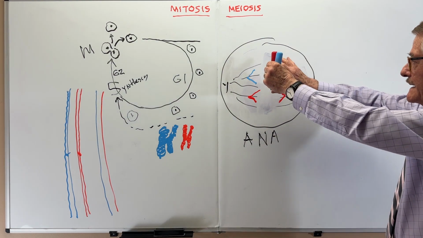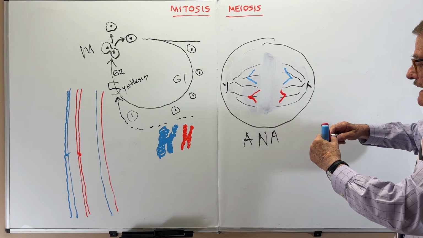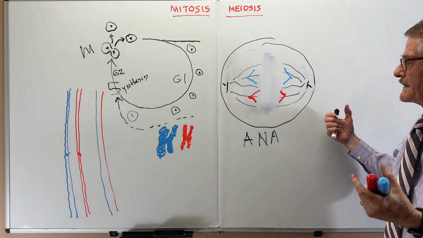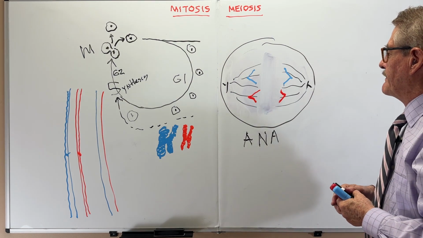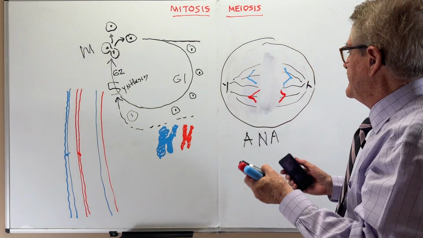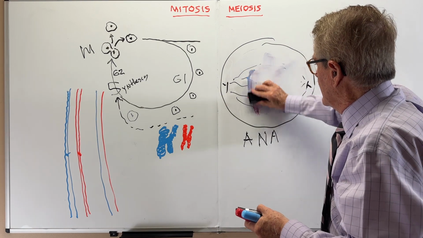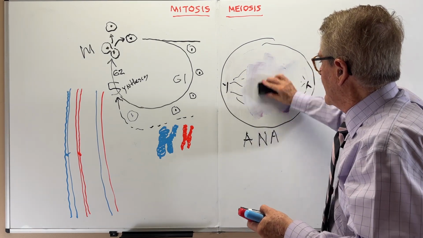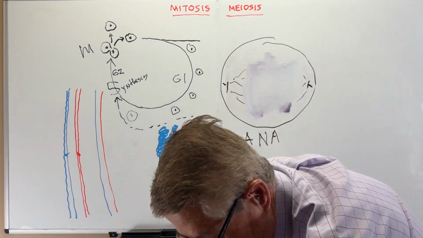The chromatids travel along the microtubules to the vicinity of the centrioles, and pretty much at this point, we are reaching the end of the mitosis. And sorry about these markers. Let's use the other markers.